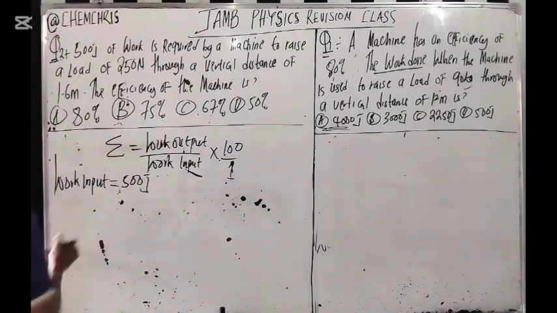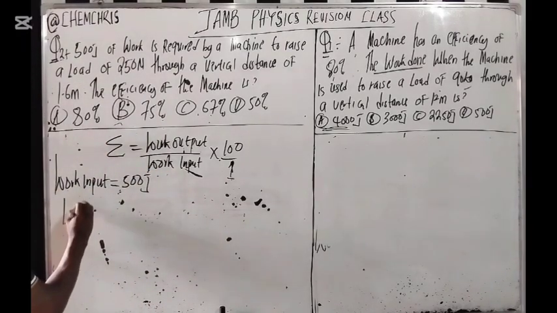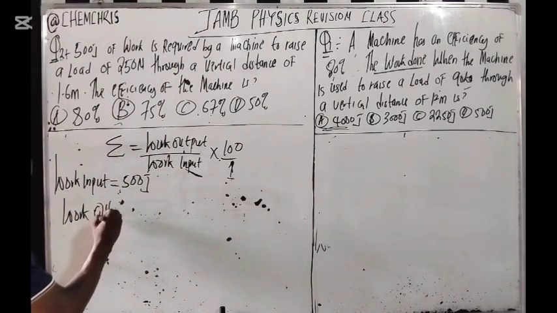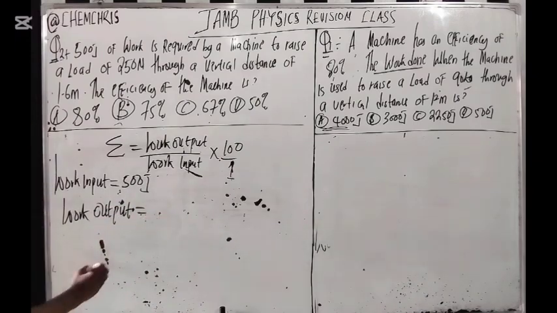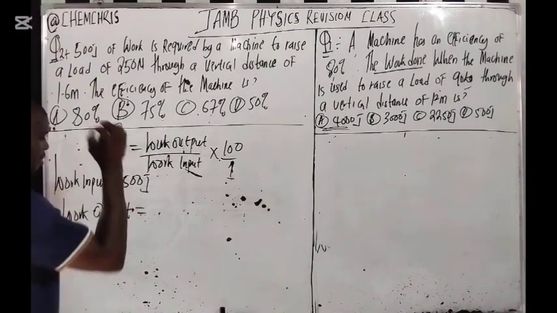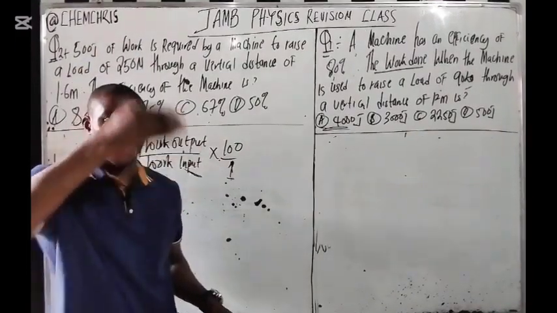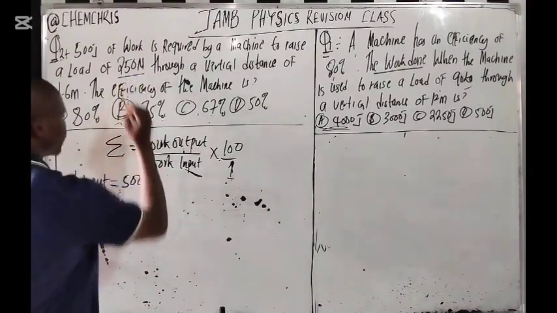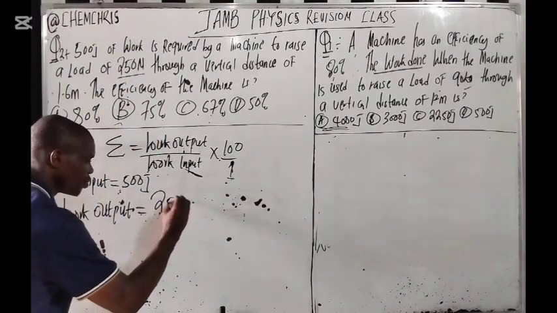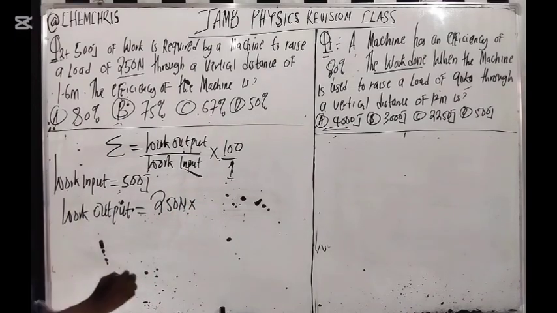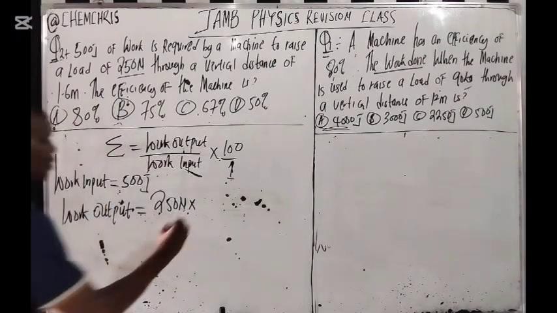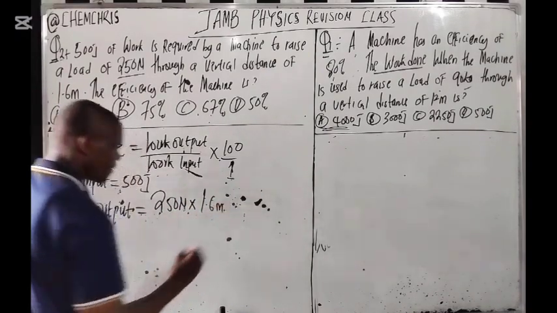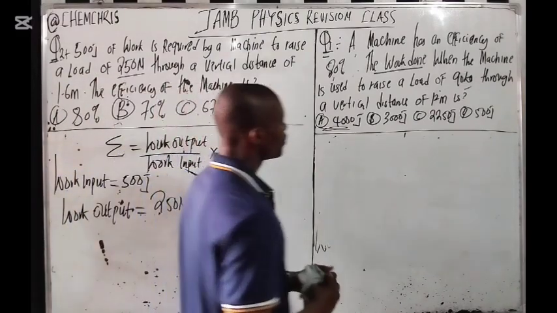So work output is equal to the load times the distance moved by the load. The load is 250 Newton, times the distance, which is 1.6 meters.